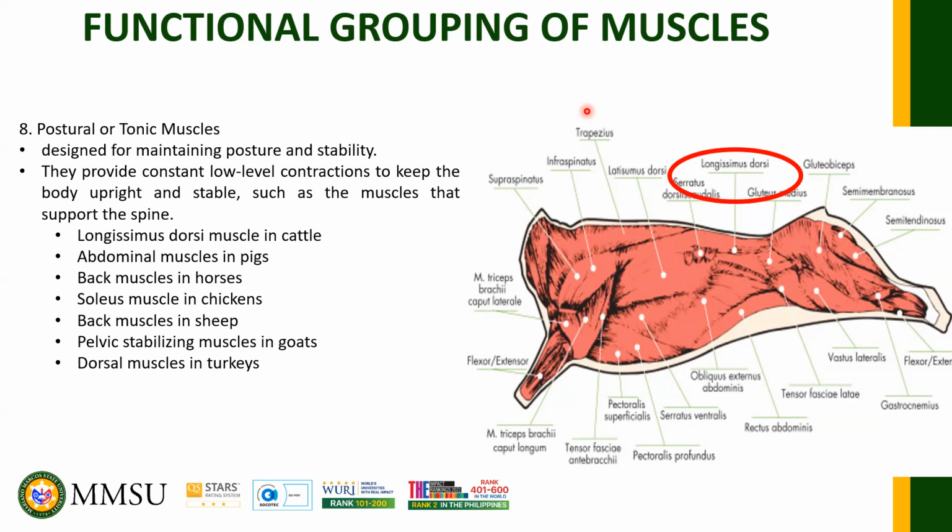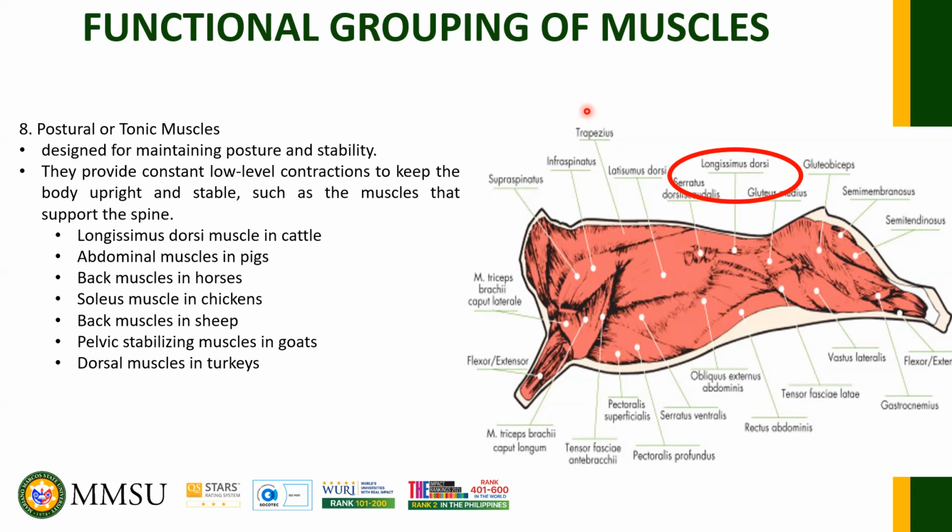And then abdominal muscles in pigs, that is usually postural muscles. So it's more on maintaining the pig's body posture, especially when they are standing or moving around. So this continuous contraction of these postural muscles usually supports the abdominal region of the pigs and keeps them stable.